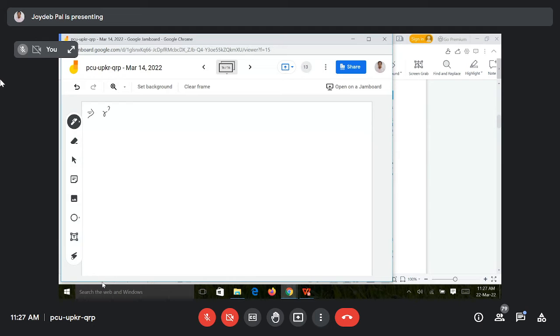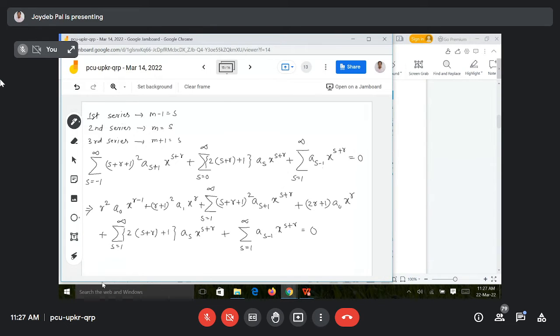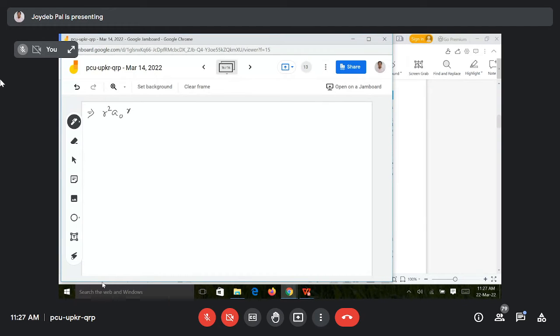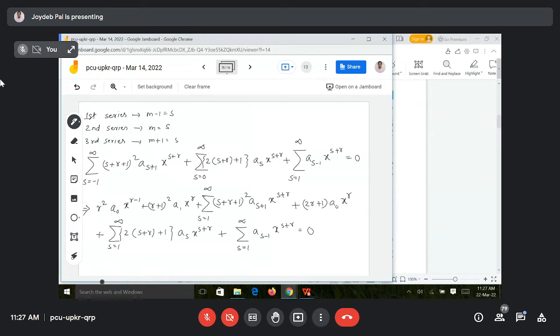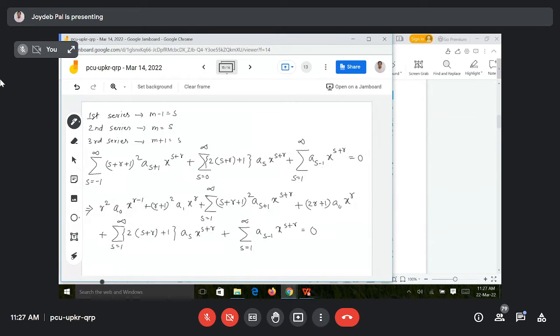So r square a naught x to the power r minus 1, plus, look, there are two terms of x to the power r, right? This and this. So you can add this.